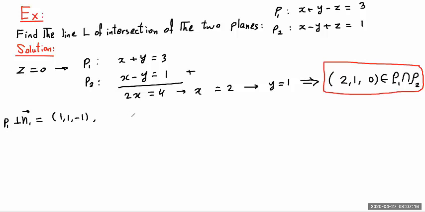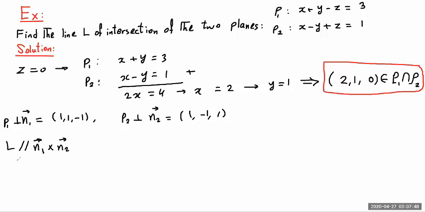And the vector n2, orthogonal to the plane B2, will be 1, minus 1, 1. So now let's take the vector n1 cross product n2. The cross product of n1 and n2 will be parallel to the line L of intersection.